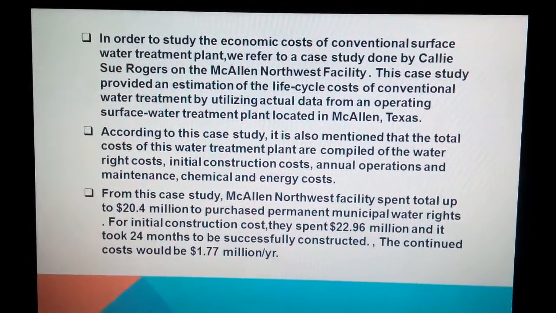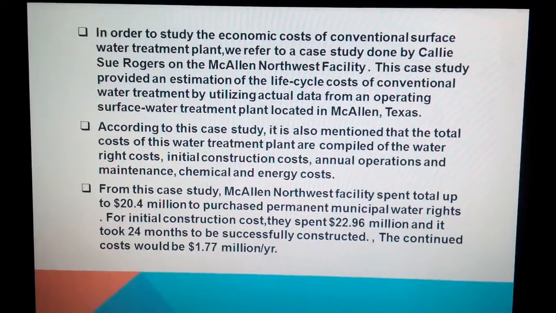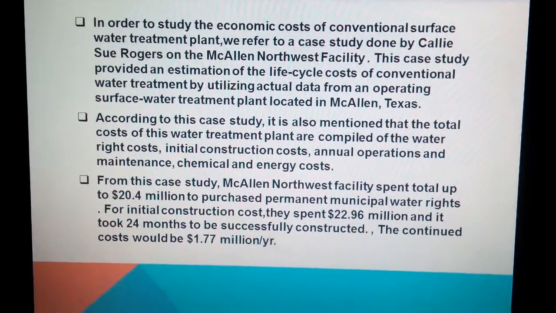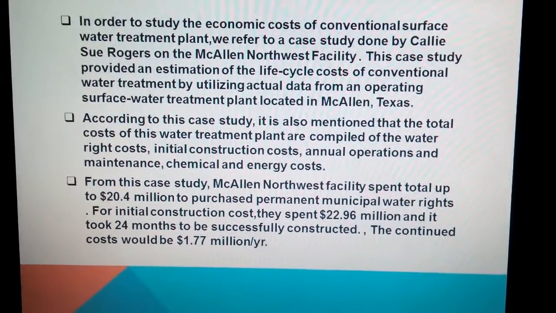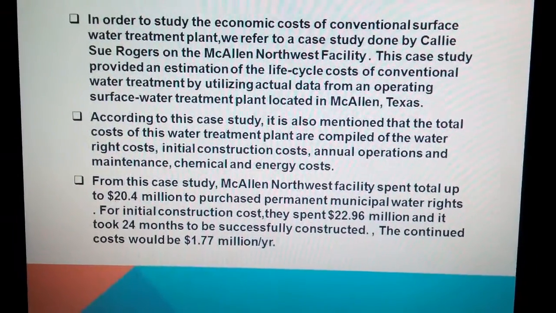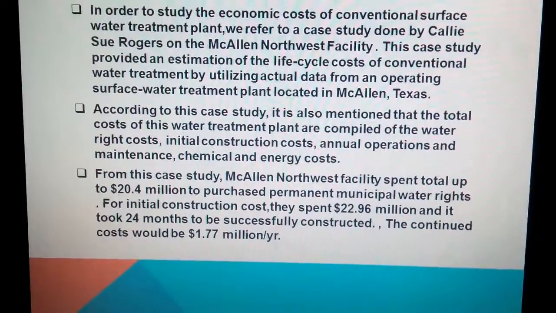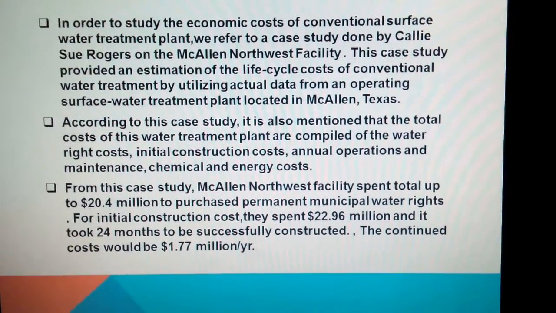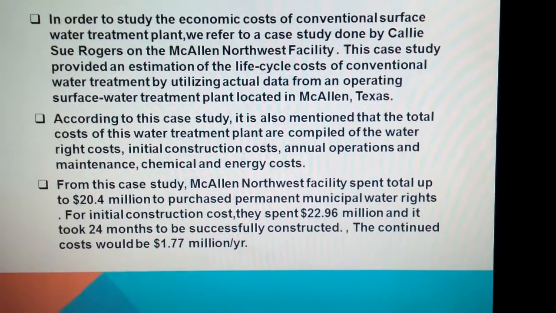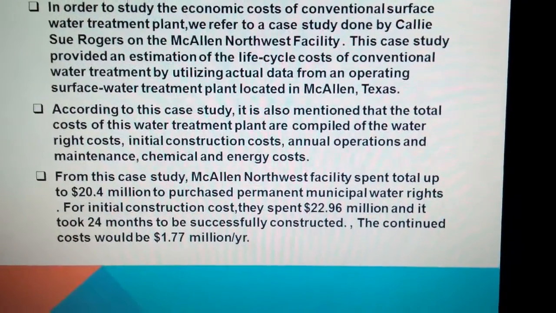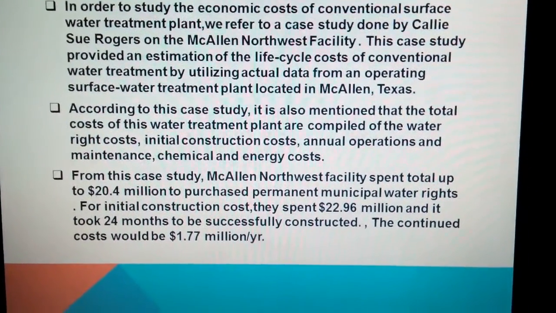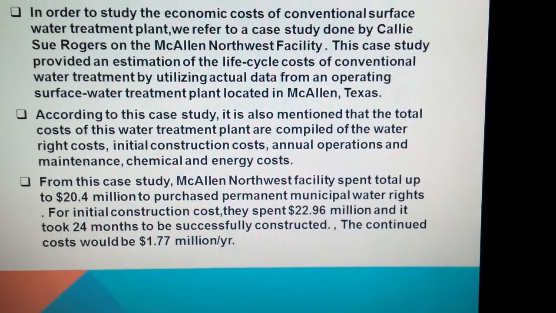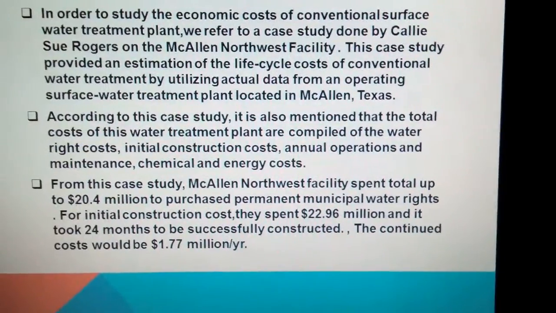In order to study the economic cost for a conventional surface water treatment plant, we refer to a case study done by Kelly Sue Rogers on the McAllen Northwest facility. This case study provided an estimation of the life cycle cost of conventional water treatment by utilizing actual data from an operating surface water treatment plant located in McAllen, Texas.